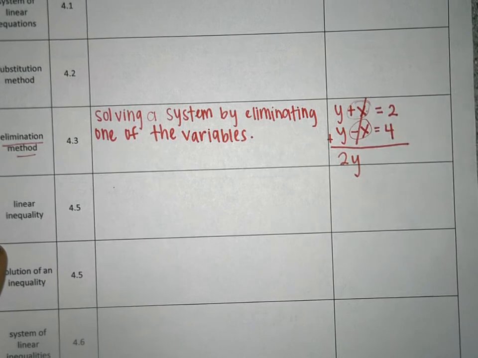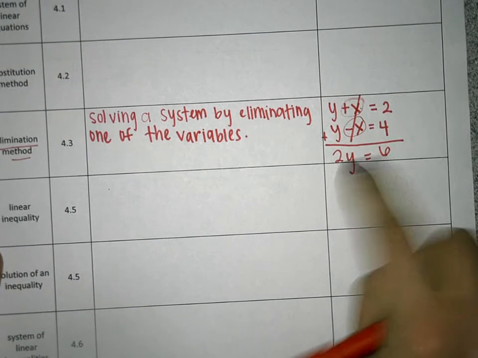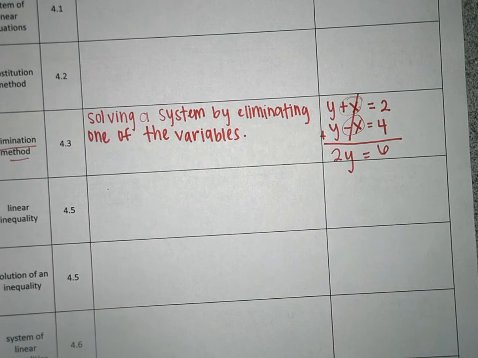So those variables eliminate. 2 plus 4 gives me 6, and then I can solve for that one variable that's left. And that's the elimination method in a nutshell, but we're going to get a little bit more into it with a lot of different examples.